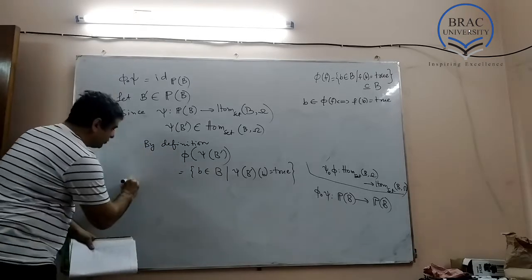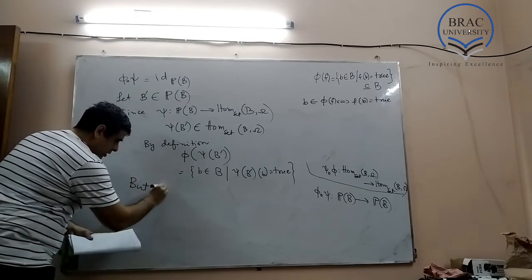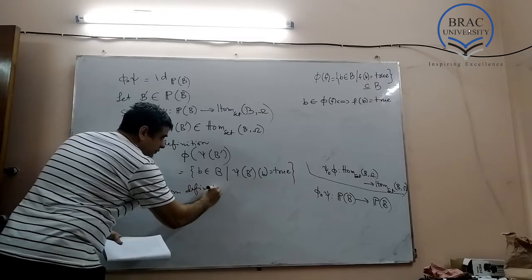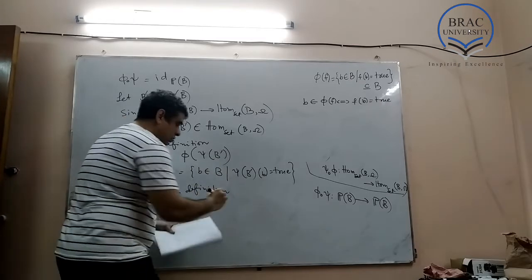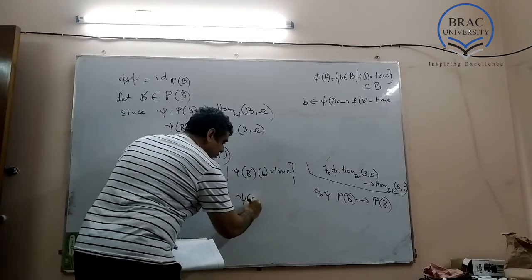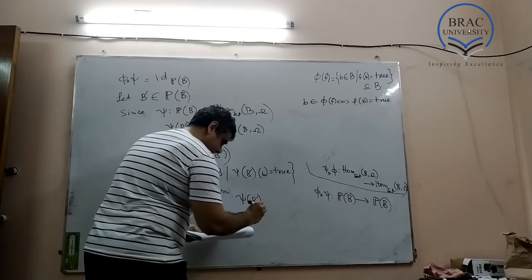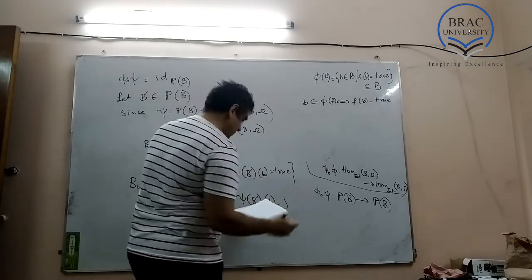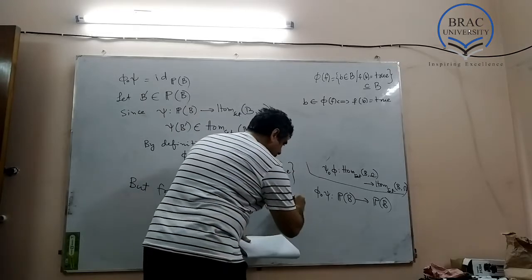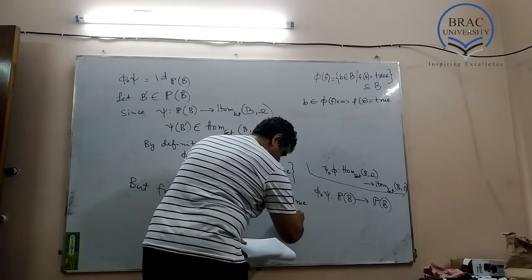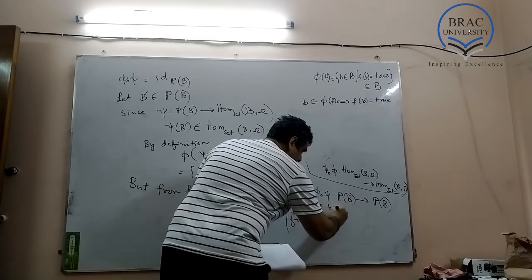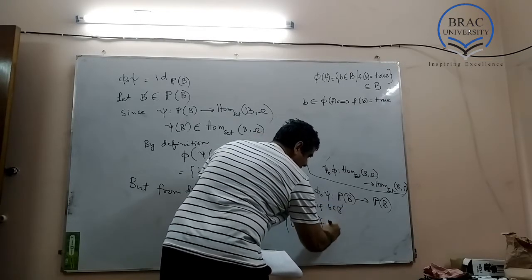But observe that from the definition of psi, we know that psi of B prime, let me write it again because I erased it to create space for the rest of the proof, is true if b is in B prime, and false if b is not in B prime.